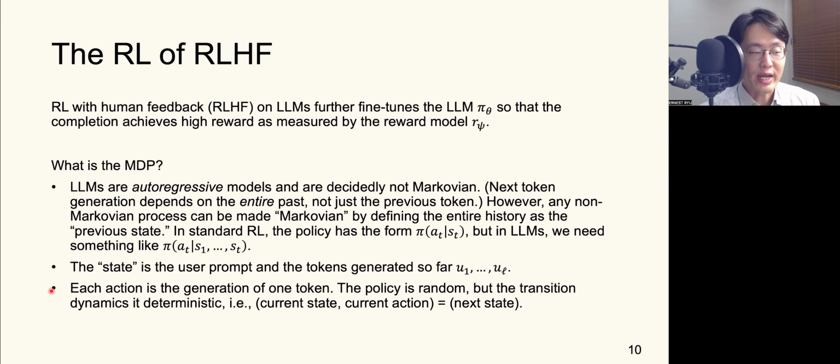But the policy is random, while the transition dynamics is deterministic: once you choose an action from the sampling, the next state is just your current text combined with your current action, which is the next token. There's no randomness in the transition dynamics.